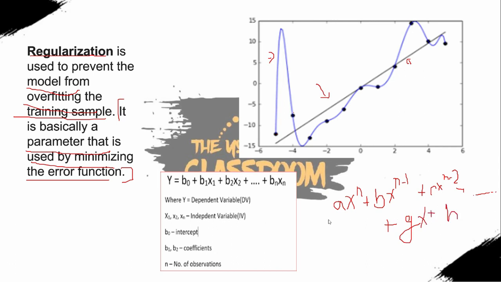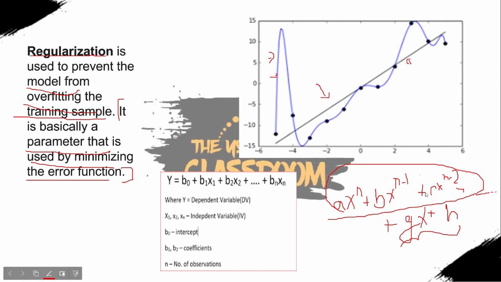Now if I delete these terms and only keep these terms of this equation, will I not get a line out of that? I'm bound to get a line, right? So if I prevent my model from accommodating the higher orders of x and restrict it to only the smaller terms like g x plus h, I can actually save my model from overfitting. And regularization has been derived from this intuition.